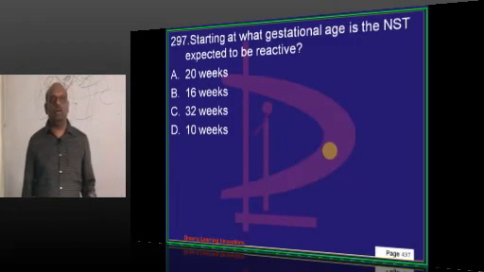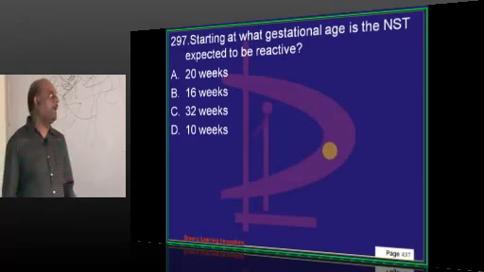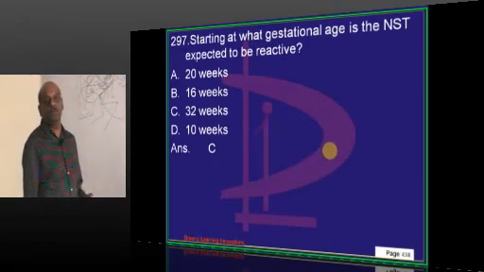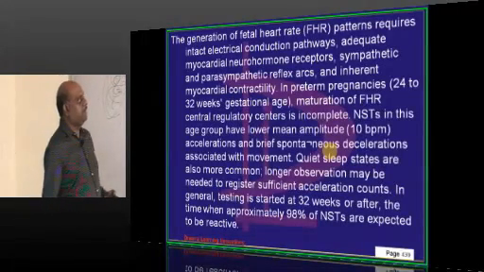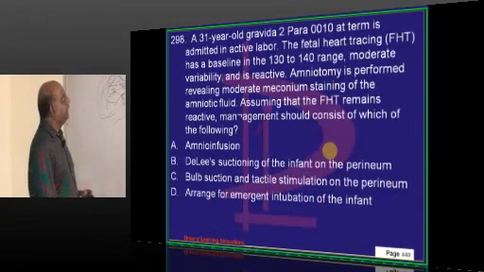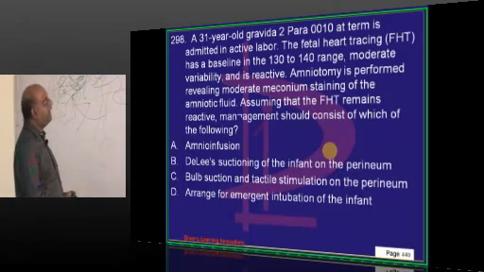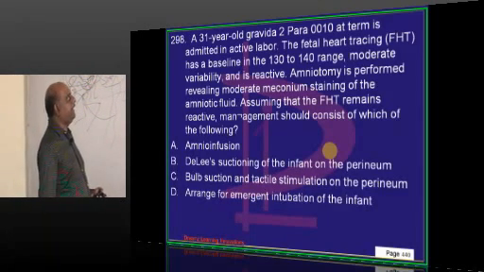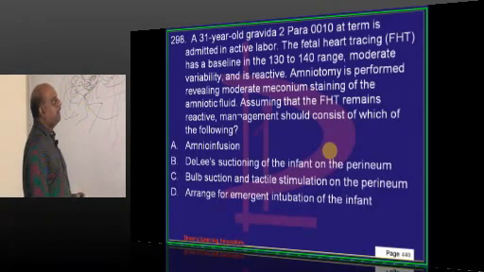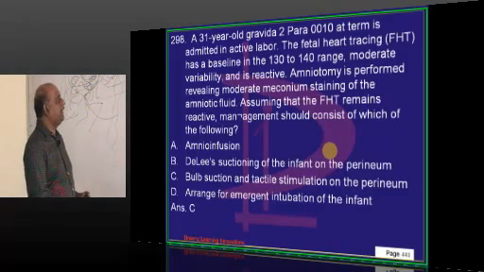Now, NST, non-stress test, when will it become reactive? Typically, it will become reactive by 32 weeks of gestational age. Then a 31-year-old in active labor, fetal heart rate is showing variability, and what should the management include?